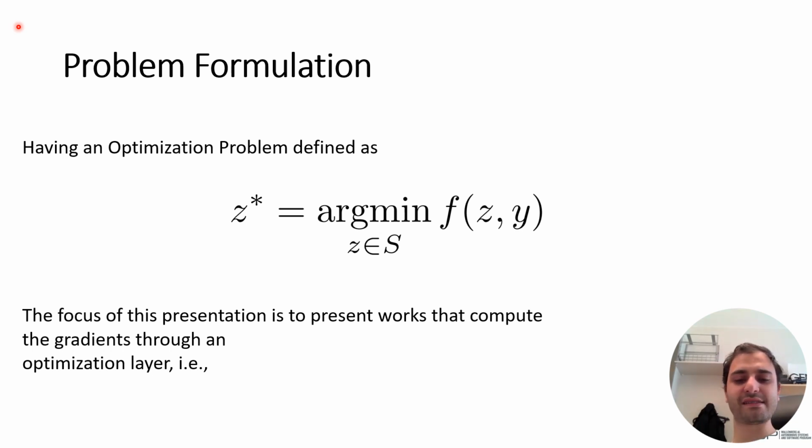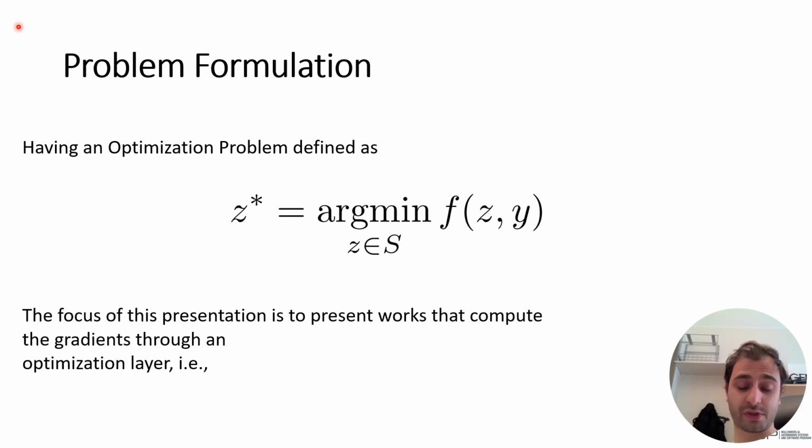S is the feasible set, so the optimal z has to be in the feasible set. And y here is an input to the objective function, for example. So this is basically an external signal that enters an optimization problem.